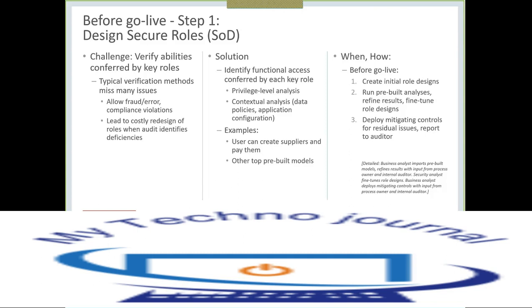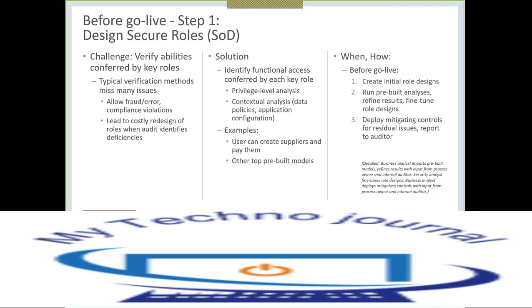A lot of these manual activities or verification methods typically are performed at the role level. While it may be okay to do this for other third-party applications, for ERP Cloud, which has so many possible configurations and privileges that can be assigned to users, you may be missing a lot by just performing these manually.